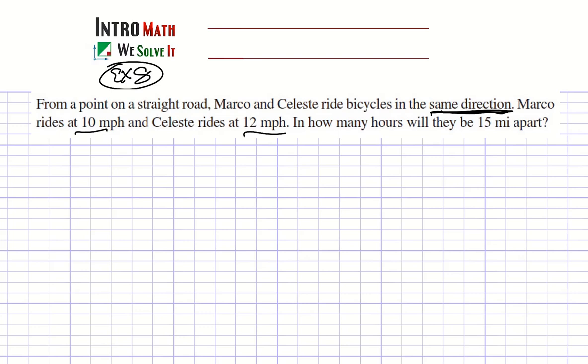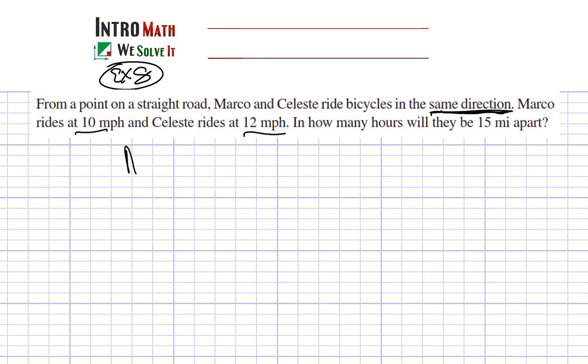So what you need to do in this case, okay, how many hours would there be? I think you gotta make a chart. You gotta make a chart, that's all. Because listen, you gotta make a chart for both of them.